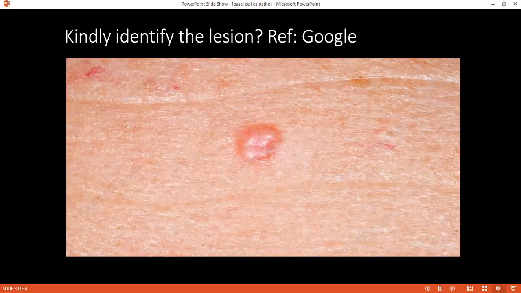You said one of your differential diagnoses could be basal cell carcinoma. Can you please tell me the mechanism? How does it spread? Actually, this is locally malignant. In the case of basal cell carcinoma, it is a locally malignant carcinoma.